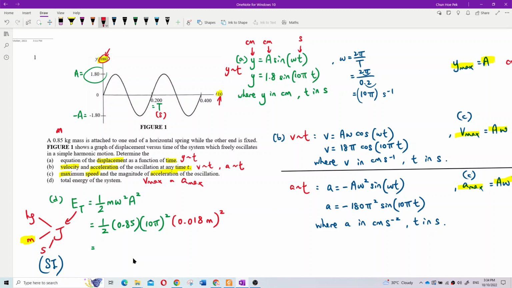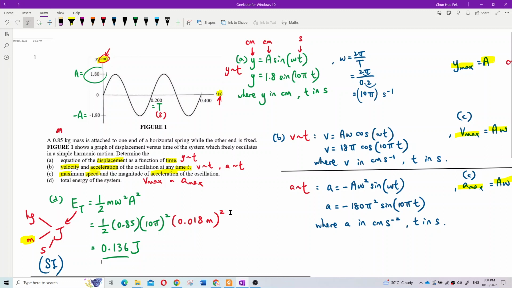So it's sometimes good to make a mistake here and there, and then I can catch whether you are paying attention or not. So the answer is 0.136 joule, but I really made a mistake just now. So be careful with the square.